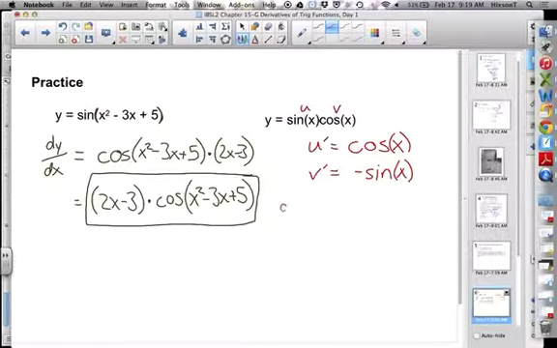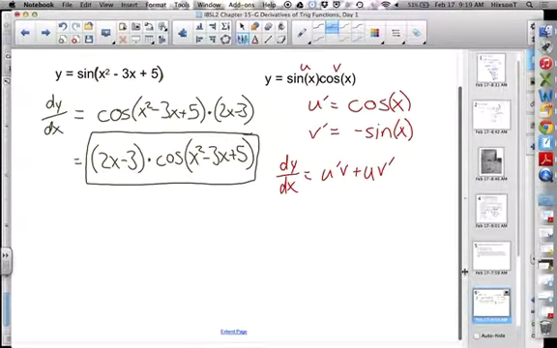So now we've got our product rule. dy/dx is u prime v plus u v prime, which is cosine squared of x minus sine squared of x. u prime is cosine times cosine, cosine squared x, plus we have a sine times a minus sine, so that would be a minus sine squared x.